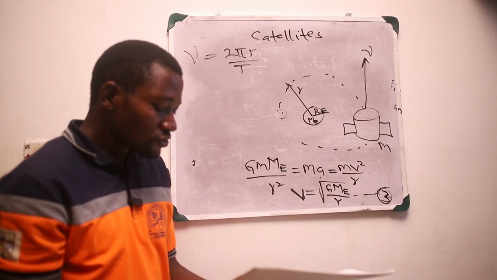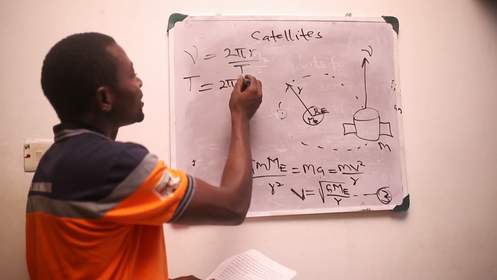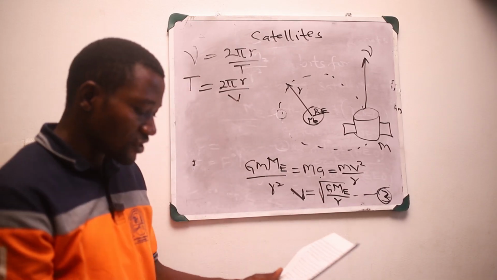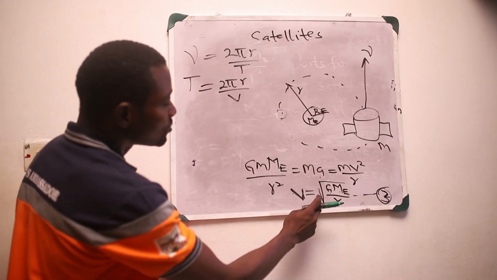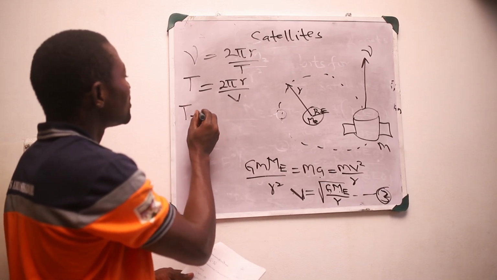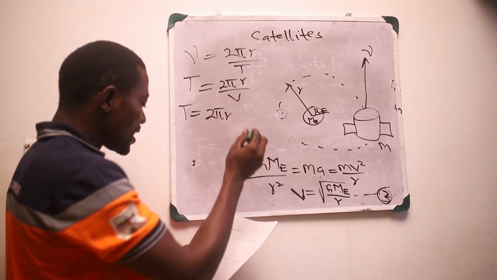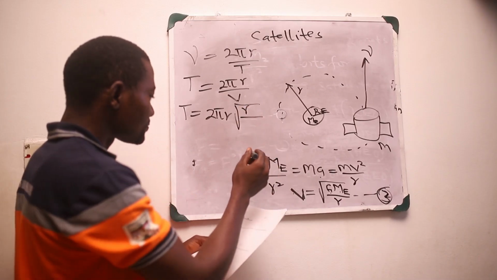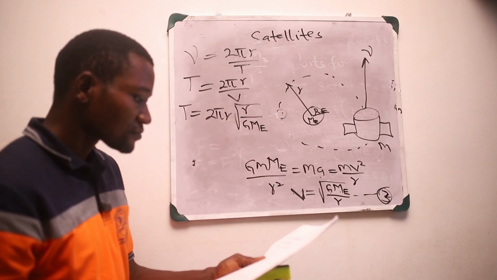So from here, we can say that period is equal to 2 pi r over v. Already we have known v to be that. So substituting v into this expression, we have that the period is equal to 2 pi r square root of r over G mass of the Earth.